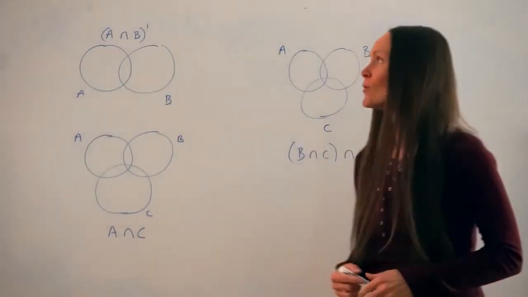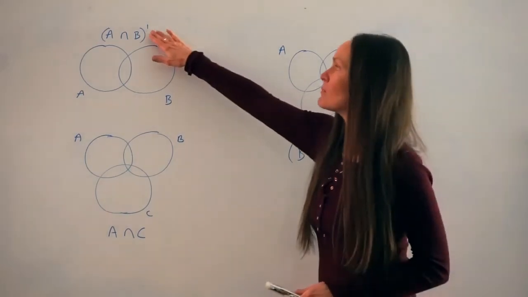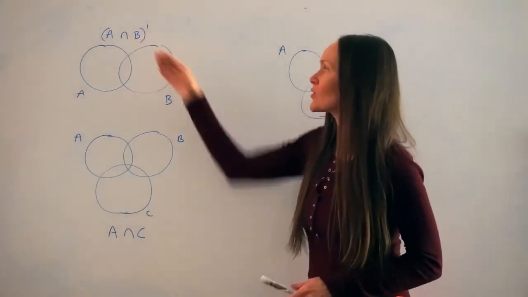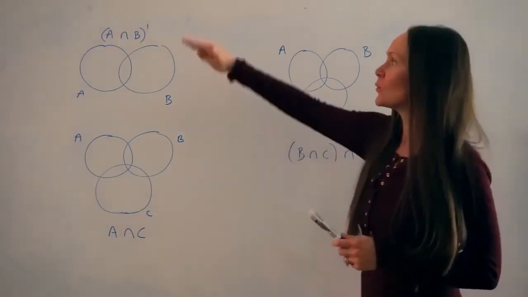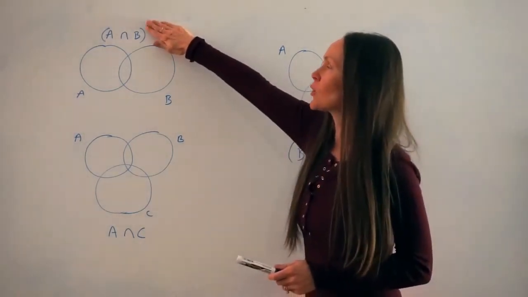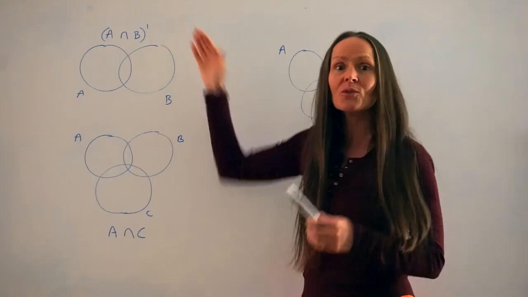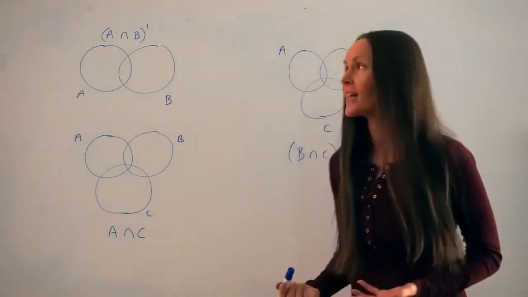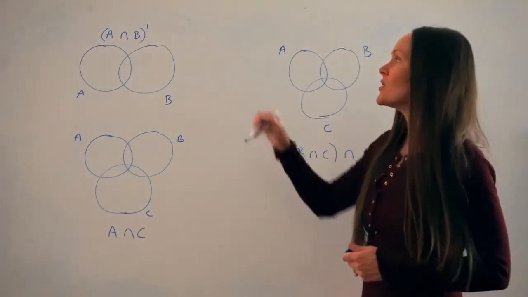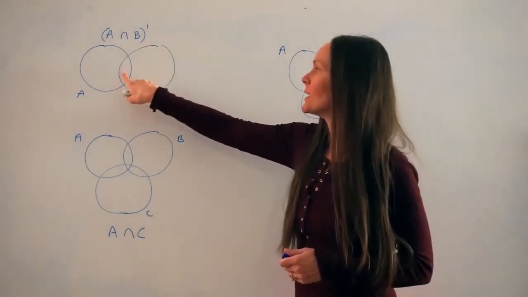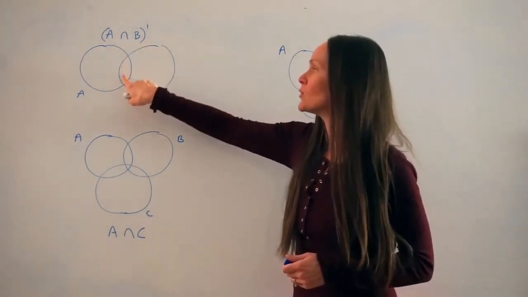In the next example, we have to shade the complement of A intersection B. So remember, when it looks like this, just ignore the little dash outside the complement part and imagine what it would look like if you were to shade A intersection B. So that's like the very first example we did. So A intersection B would be this part, the overlap of the 2 circles.